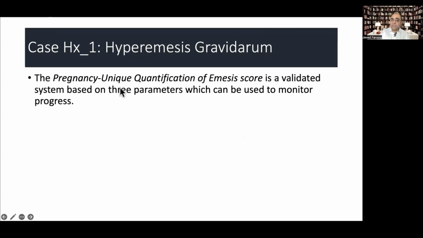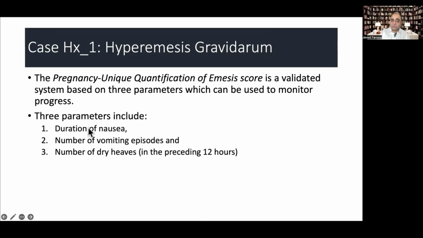The Pregnancy-Unique Quantification of Emesis score, PUQE score. This is one score. It's a validated system based on three parameters which can be used to monitor progress.